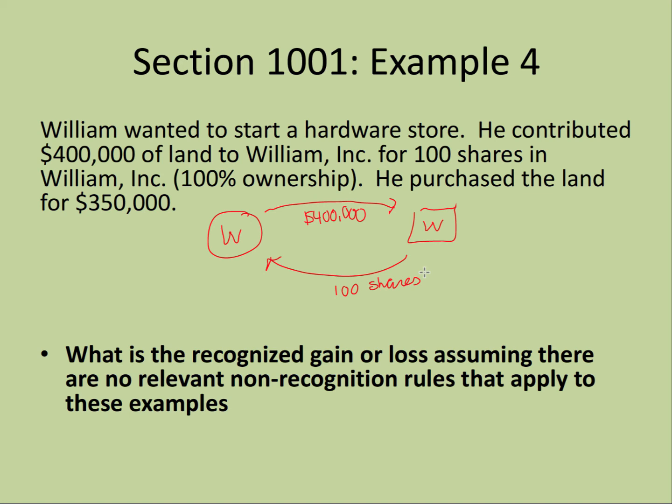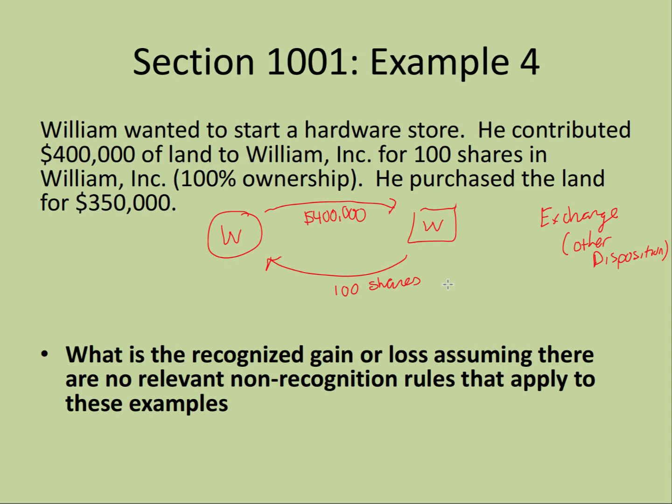This is an exchange or other disposition, which is referred to in section 1001. Why? We have property. The reason that we have other disposition is because William had land and he's exchanging for stock. Those are two materially different assets.